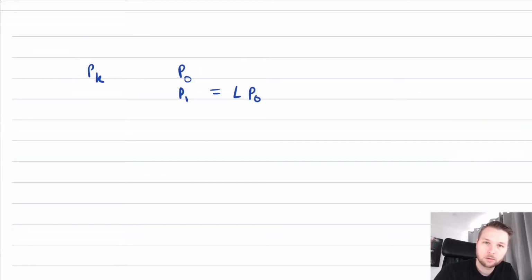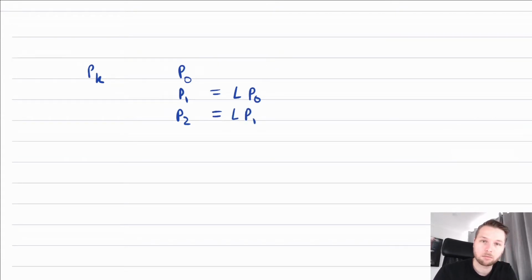So if you want to find the population, say, in time interval 20, that's what we're going to have a look at next. We're going to find the population after k intervals. Looking at our initial scenario, we had P0, and then P1 equals L times P0. Now P2, after the second time interval, was L times P1. But we know that P1 is equal to L times P0.